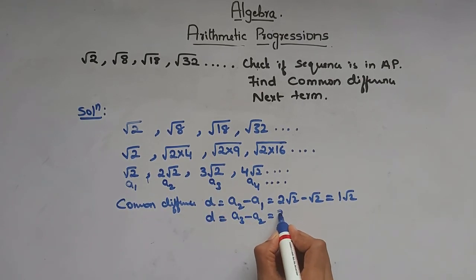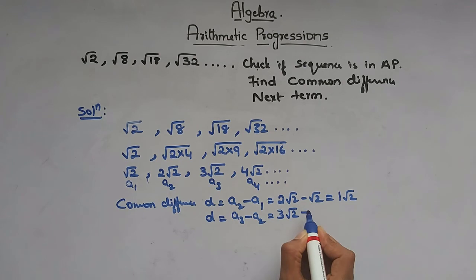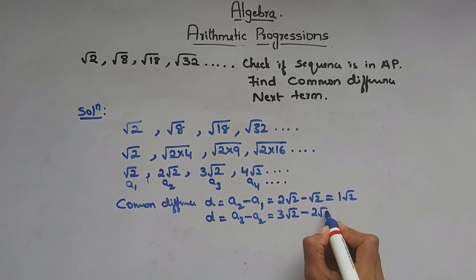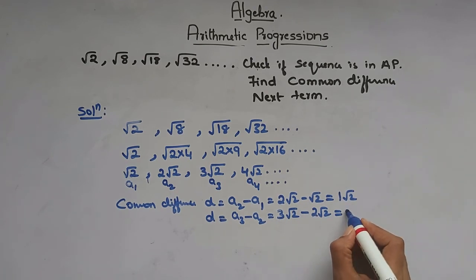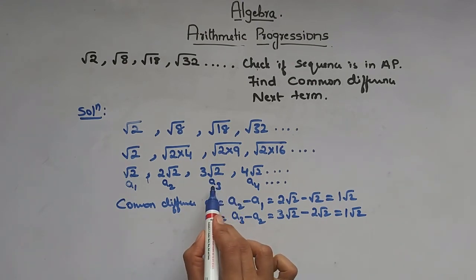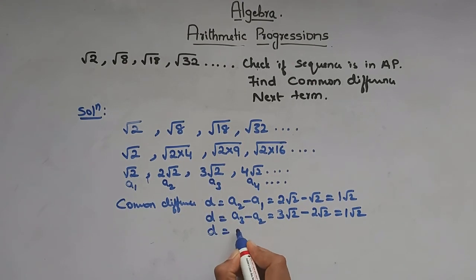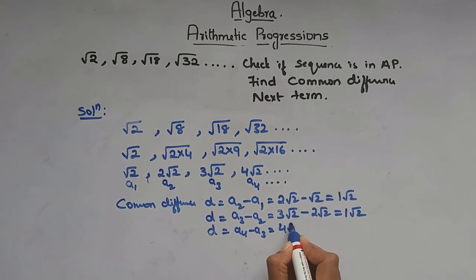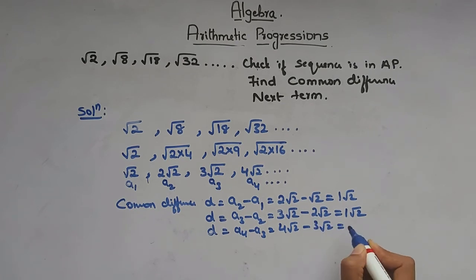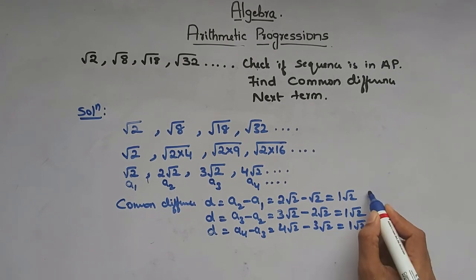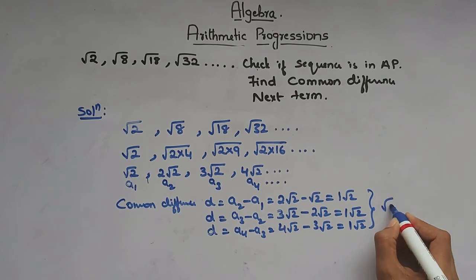Here a3 is 3 root 2 minus a2 is 2 root 2, which will give you 3 root 2 minus 2 root 2 is 3 minus 2, 3 minus 2 is 1 root 2, right? Similarly, between a3 and a4, we have d is equal to a4 minus a3, which is equal to 4 root 2 minus 3 root 2, which will also give you 1 root 2. So therefore, the common difference is root 2.